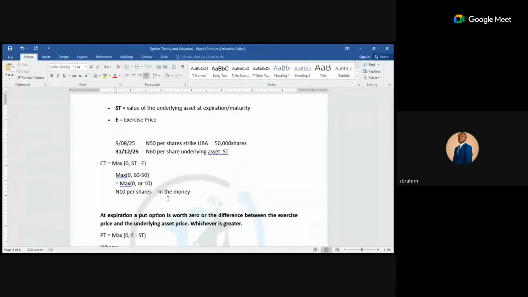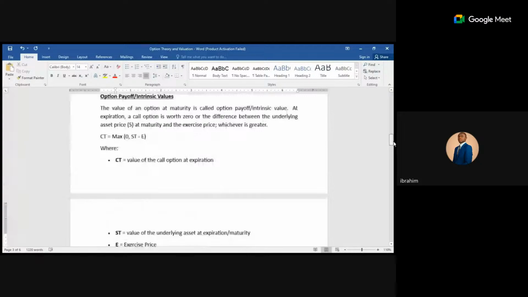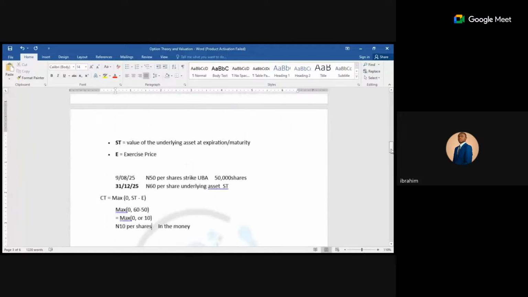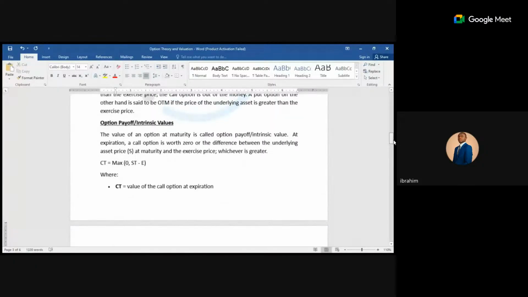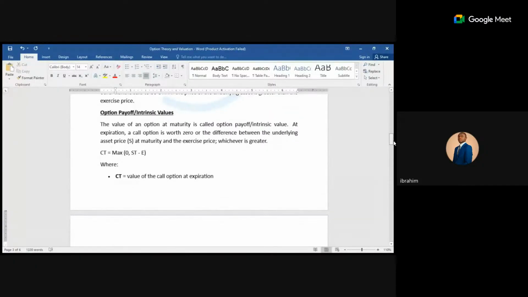So to get the value, I can multiply these 50,000 shares times 10 naira per share, which gives the value of the call option at maturity. Class, I hope I'm communicating. I have now explained the intrinsic value under the call option.